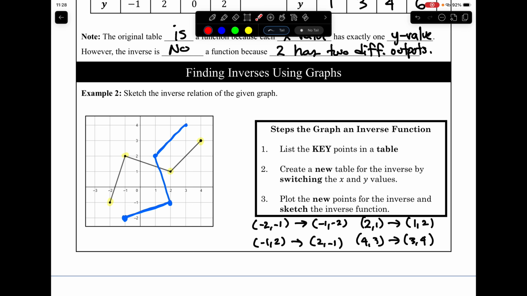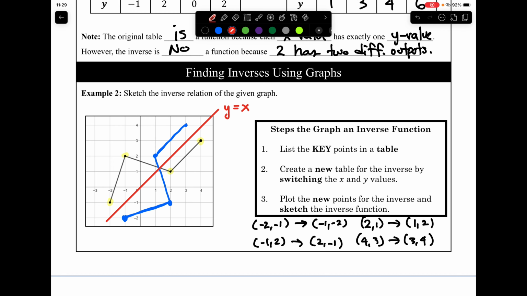Now, the cool part about this, which is really amazing, is that if you pay very close attention, notice that if I draw a diagonal line right here, going through the origin with a slope of 1, rising up 1 over 1, 1 over 1, which is the equation y equals positive x, y equals x.